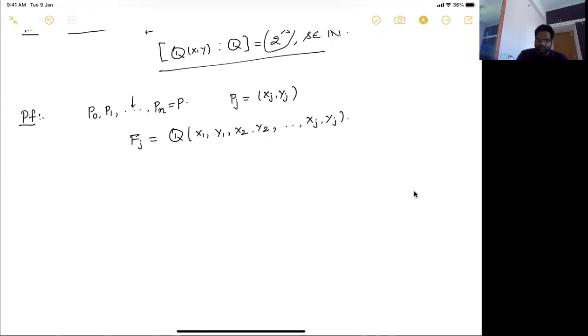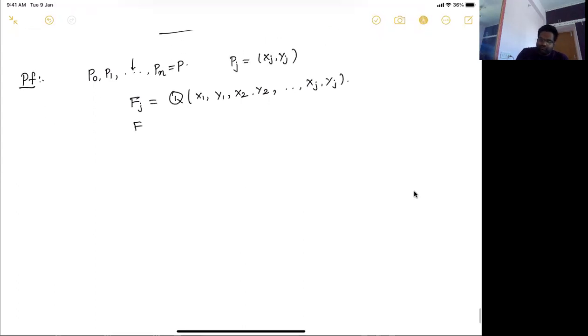Then you can easily see that Fj is an extension over Fj minus 1, and Fj is equal to Fj minus 1 adjoined (xj, yj). Now, what we are going to show is that this degree is either equal to 1 or 2.